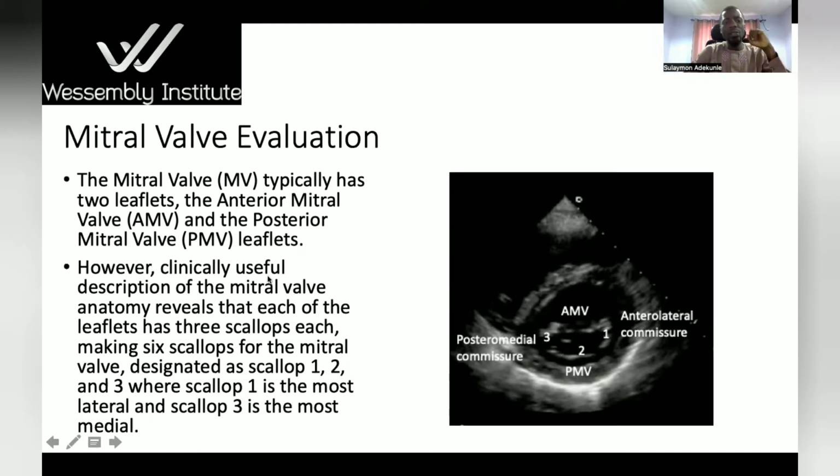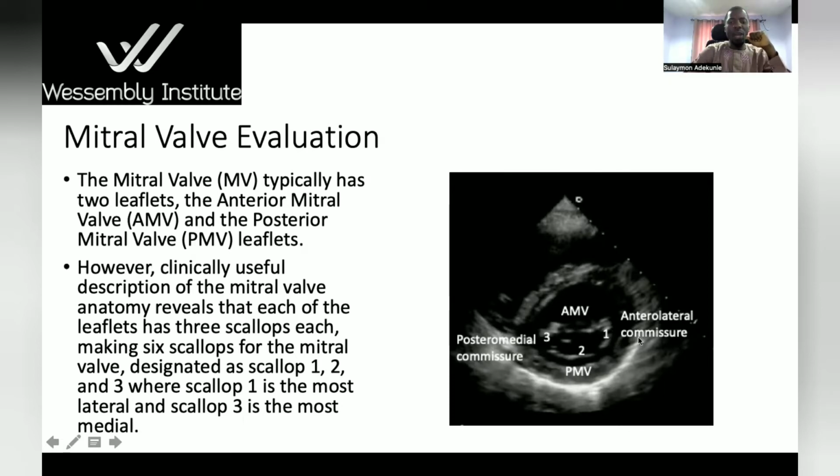However, a clinically useful description of the mitral valve anatomy reveals that each of the leaflets has 3 scallops, making 6 scallops for the mitral valve, designated as scallop 1, 2, 3, where scallop 1 is the most lateral and scallop 3 is the most medial.